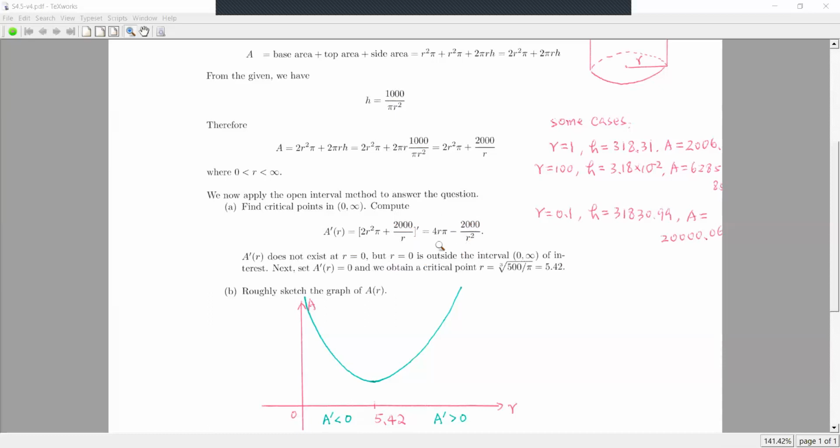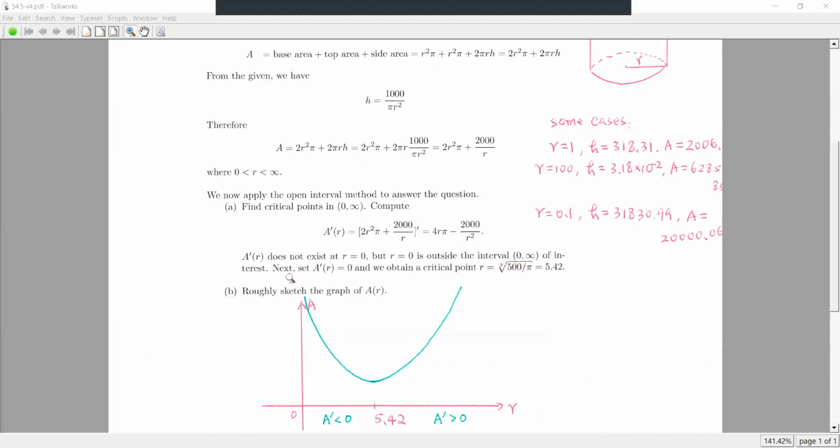From the derivative, we can see that the derivative doesn't exist when r is 0. So 0 is a critical point. But this critical point is outside this interval. We are only interested in this interval. So 0 is outside this interval. We ignore the critical point.